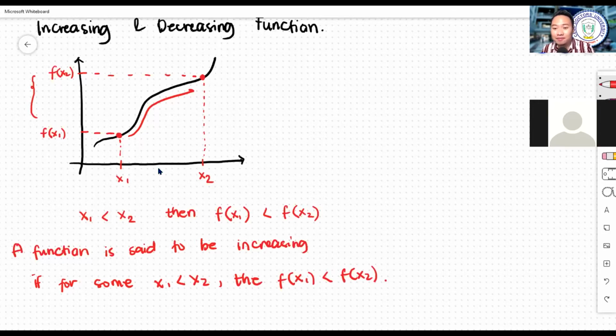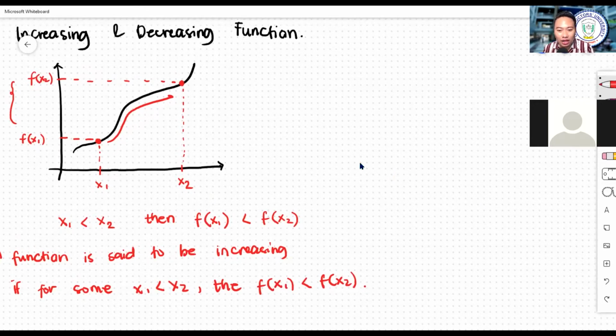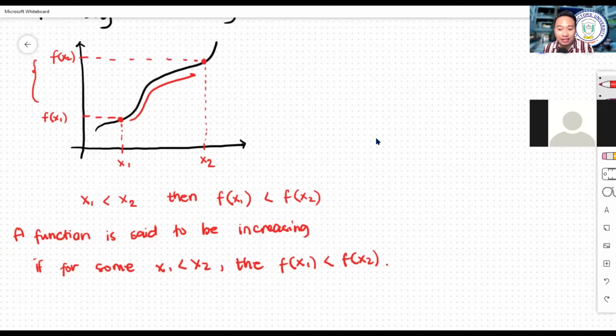Does it make sense? The definition, guys, is it too technical for you? Any questions about the definition? Makes sense, right? Very good.